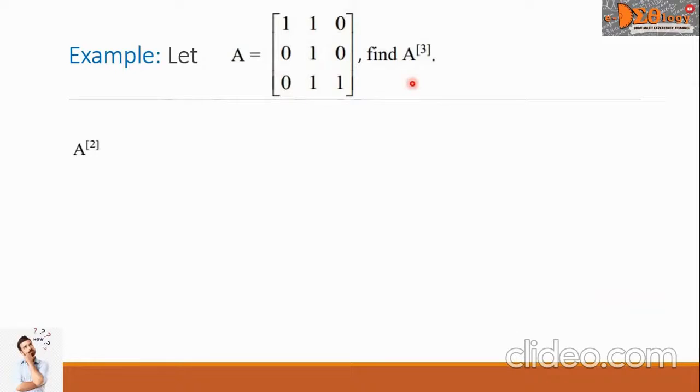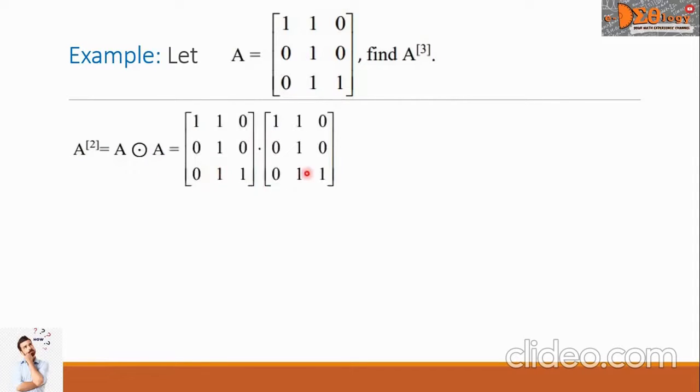Our solution begins with the computation of A power 2, and this is the Boolean product of A and A. We put this matrix together side by side. Since the matrix A is a 3 by 3, we expect our final answer to be 3 by 3 also. And the general form is here.